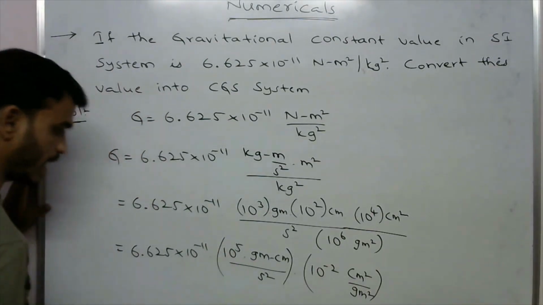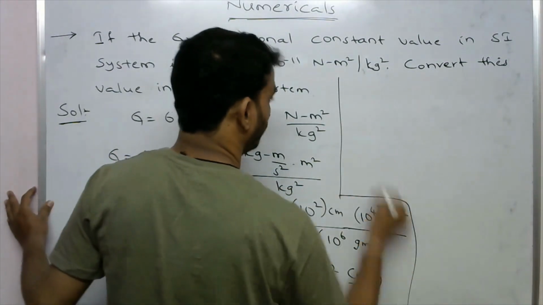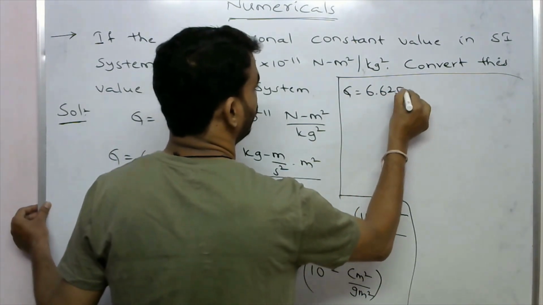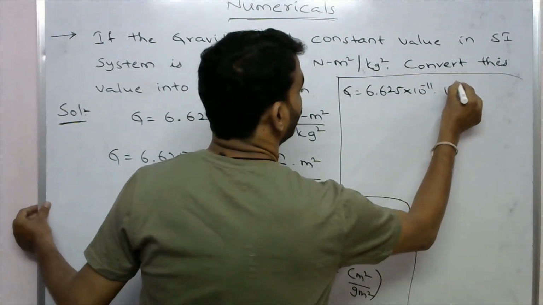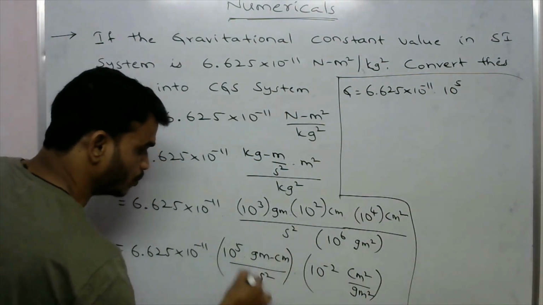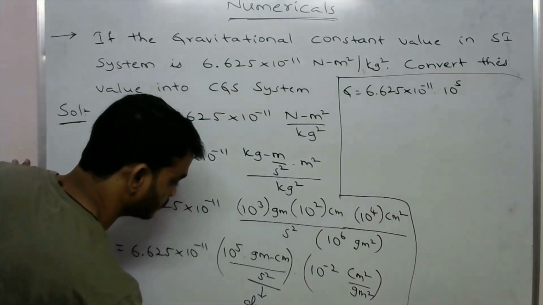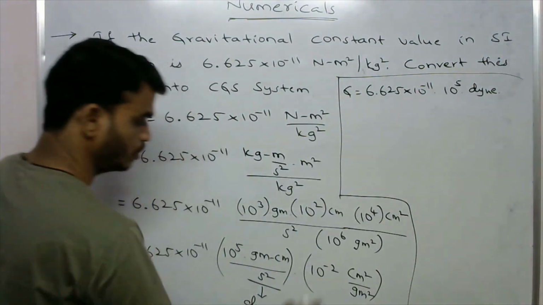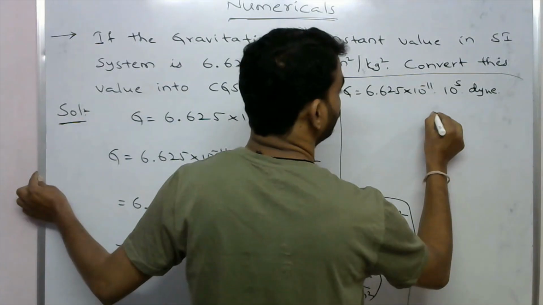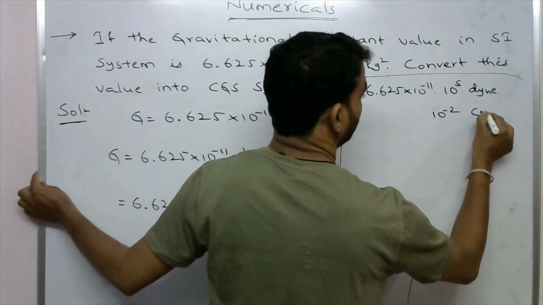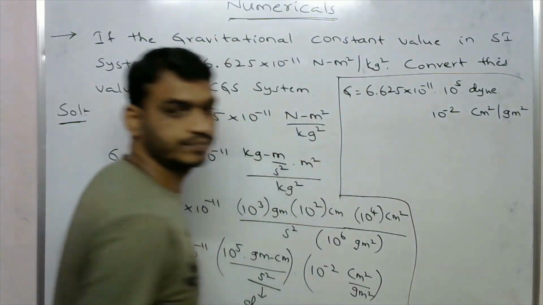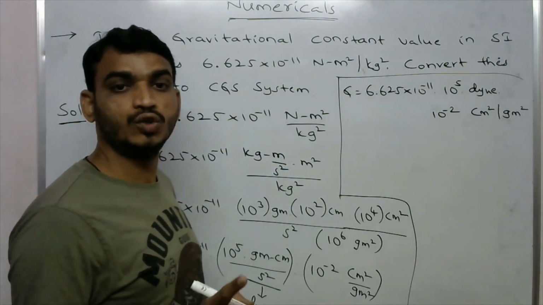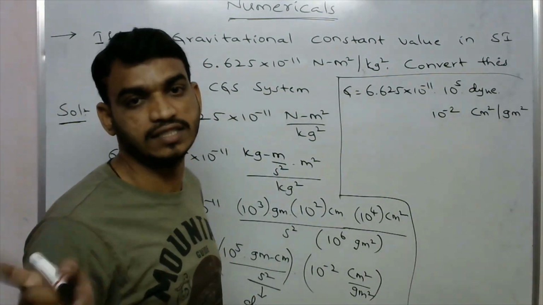So here we can write this G value as 6.625 into 10 to the power of minus 11 into 10 to the power of 5, and this value is dyne, into 10 to the power of minus 2 centimeter square per gram square. Okay, so this is the value.